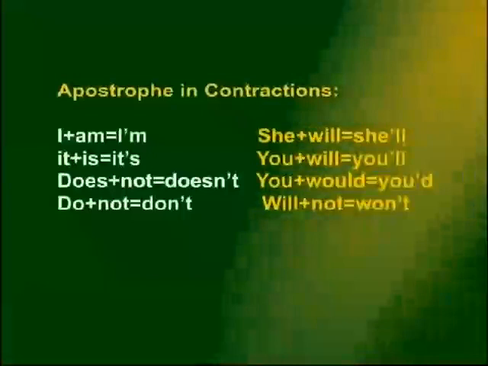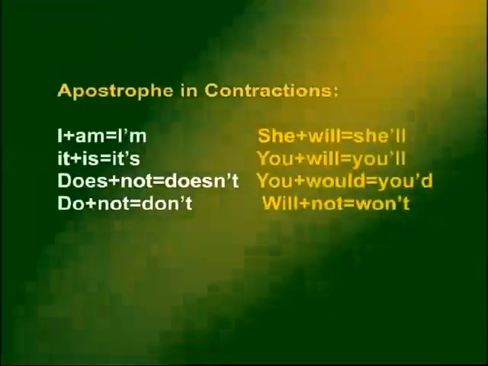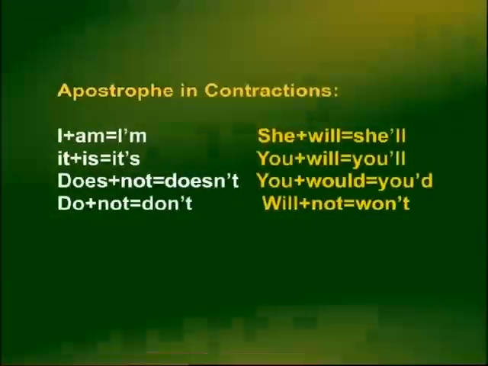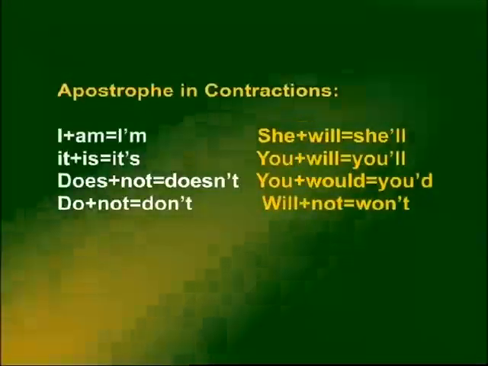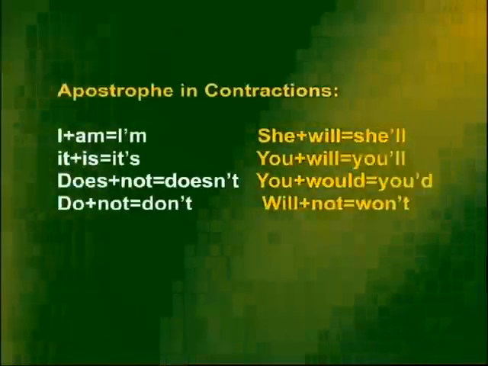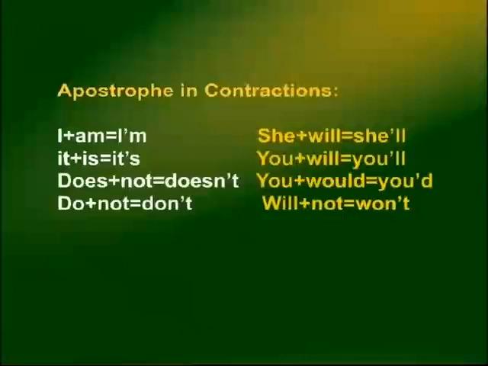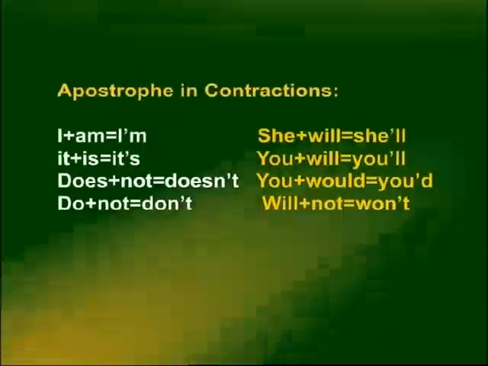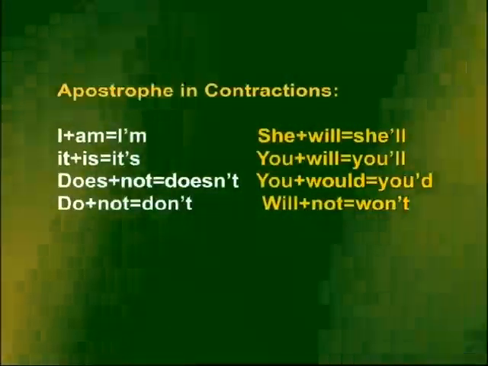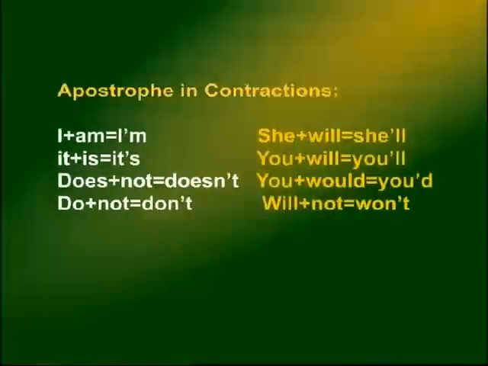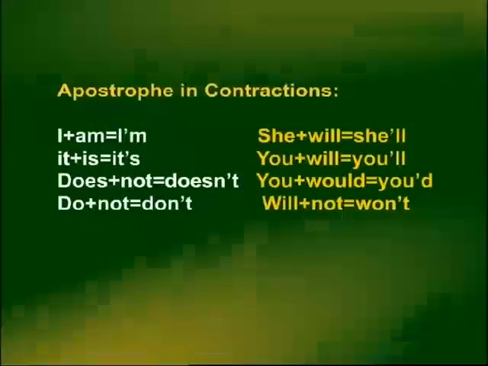Here are a few common contractions. I am becomes I'm. It is becomes it's. Does not becomes doesn't. Do not becomes don't. She will becomes she'll. You will becomes you'll. You would becomes you'd. Will not becomes won't.